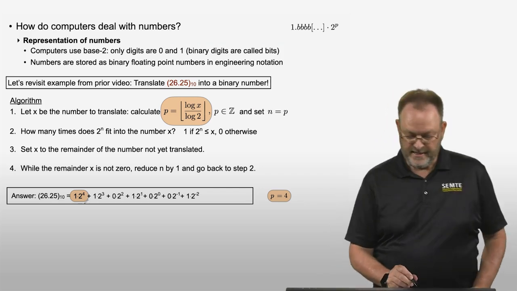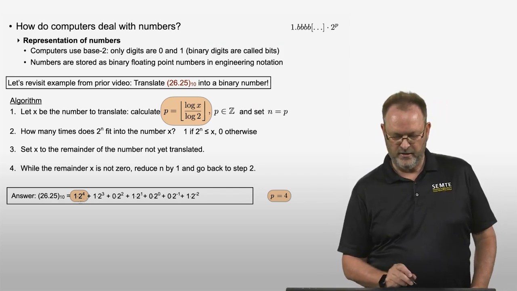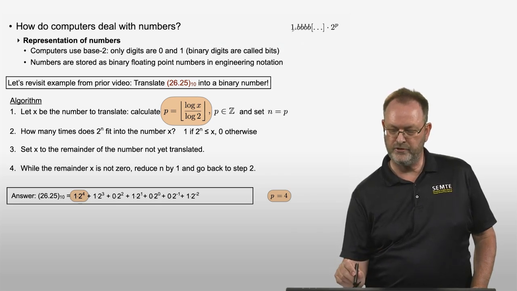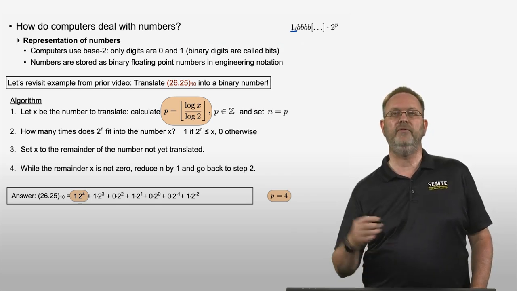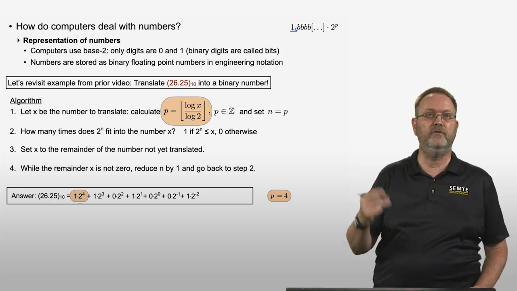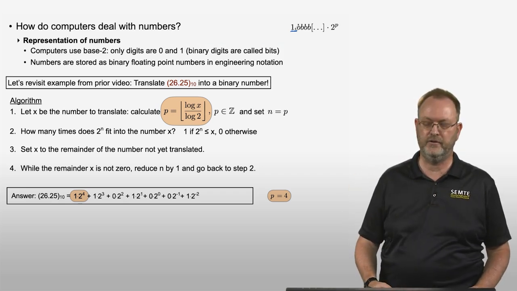So if we look at this sum over here at the bottom that we had written out, you'll see that this one here is the largest power of 2, smaller or equal to the number, which is exactly equal to this one that we have to the left of the binary point for a binary floating point number in engineering notation.